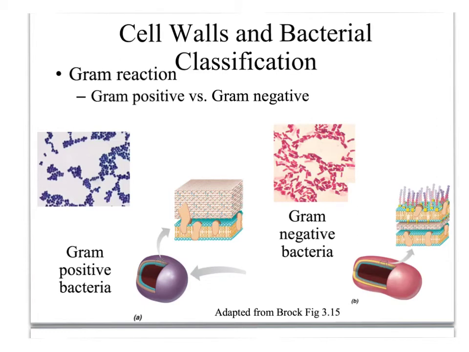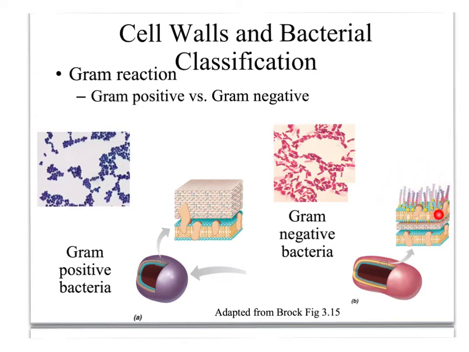So you can see on a kind of molecular diagram level, this and this are probably made up of the same thing, but this one's far thicker than this one. The other huge difference is that on top of the peptidoglycan layer here, you have a second cellular membrane, and usually you have a whole lot of modifications coming off of that. These modifications I'll talk more about in a second, but these are called lipopolysaccharide.